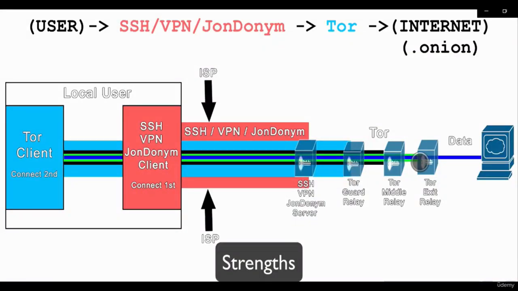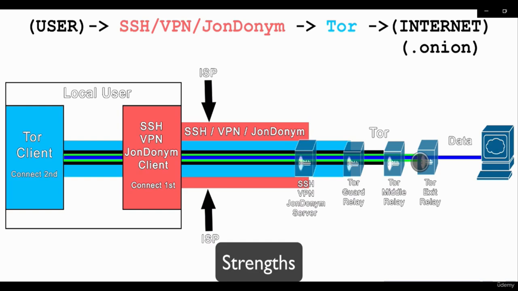So this is how an ISP helps a local user. VPN to gaining data using Tor through SSH, VPN, JonDonym server, or Tor guard relay, or Tor middle relay, Tor exit relay.